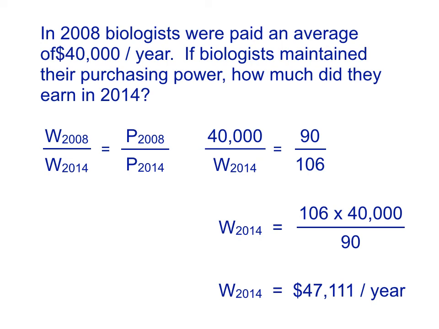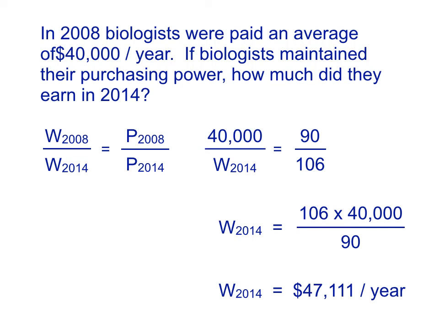So the price level in 2008 was 90. That's essentially the price of a basket of goods. And the price level in 2014 was 106.